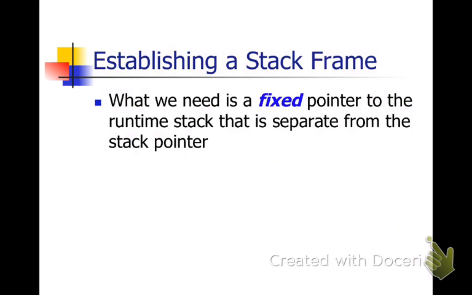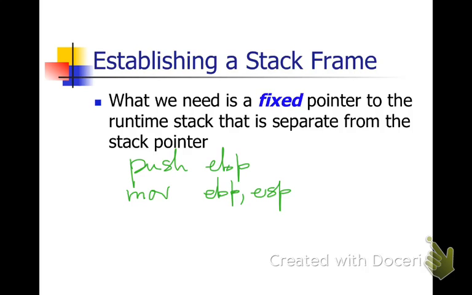Well, before we do anything else, what we want to do after we've called the function is establish our stack frame. How do we do that? Let me show you. We will push EBP, and then what we want to do is make sure the stack pointer and base pointer are both pointing at the same thing. So I want to copy what ESP is pointing at and move it into EBP.